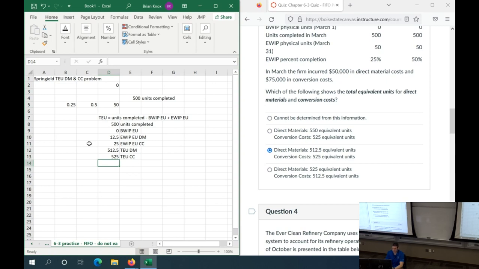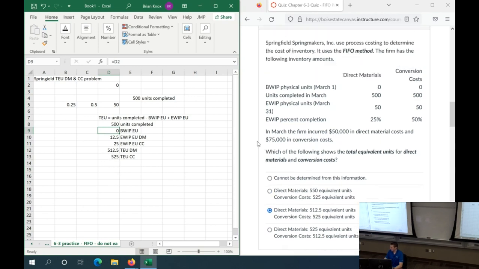It's all about the difference in what you do with beginning WIP. FIFO and weighted average do everything else essentially the same. They just treat beginning WIP costs and equivalent units differently. And when there are no beginning WIP units, it means there can't be any costs. They will produce the exact same answer.